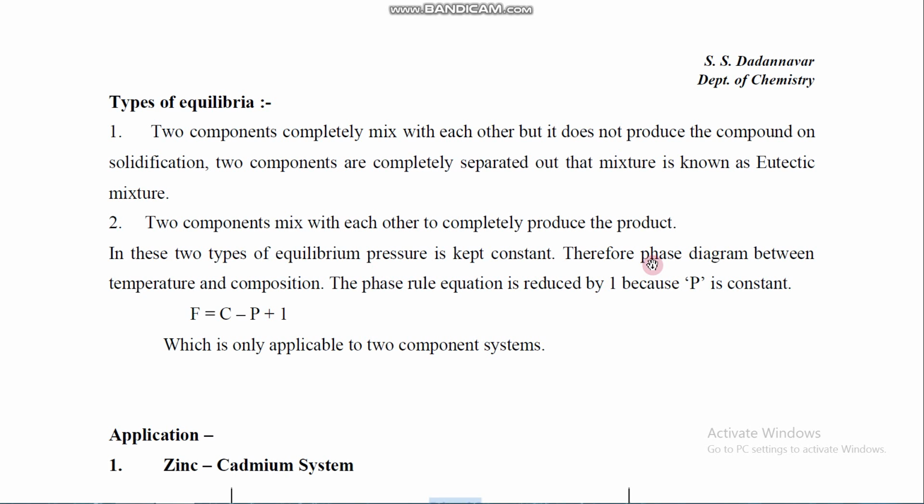Therefore, in the phase diagram between temperature and composition, because pressure is constant, we reduce the degree of freedom. Actually, our phase rule is F = C - P + 2, but here we reduce it to F = C - P + 1 because pressure is kept constant.